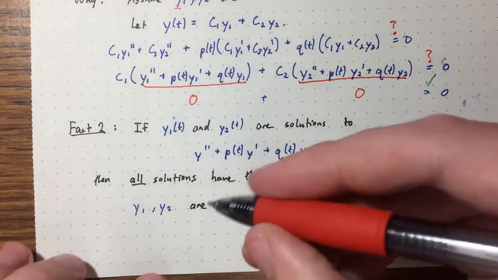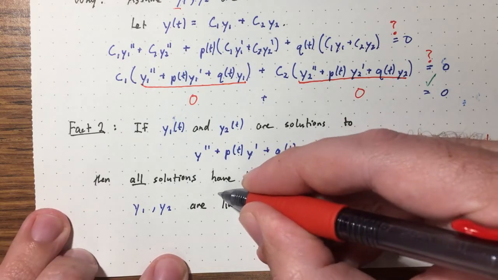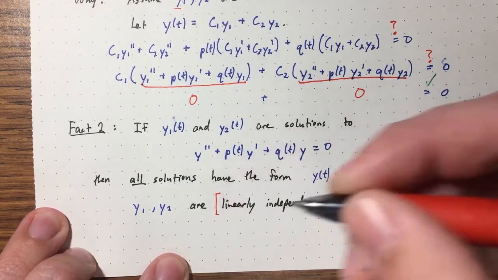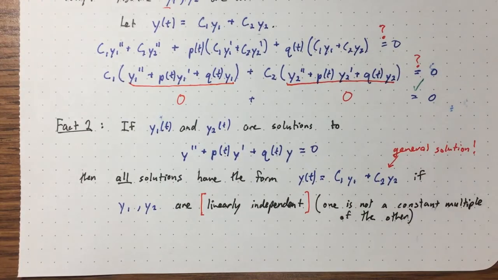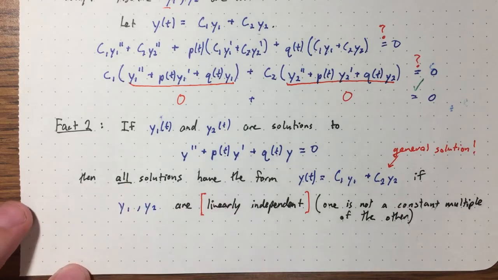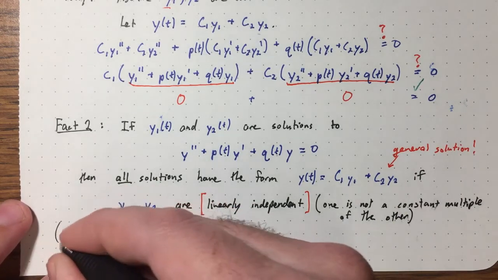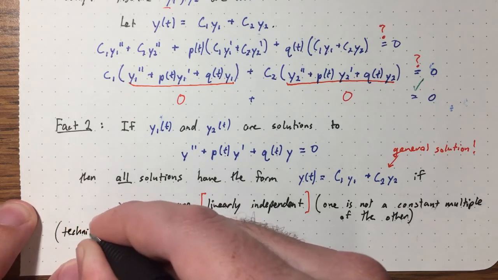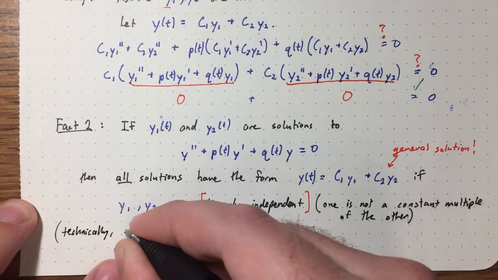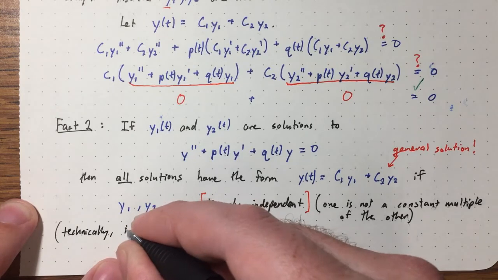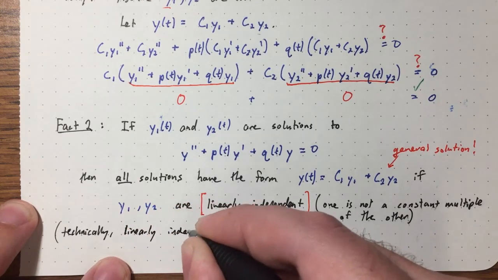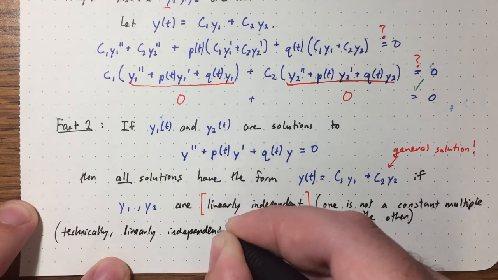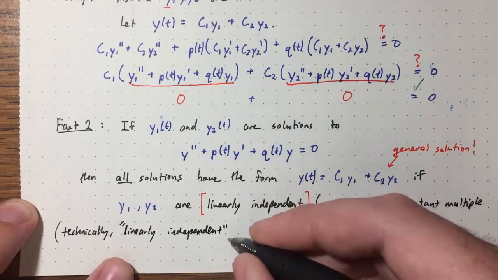Okay, so technically I'm being a little bit inaccurate about something. So it's linearly independent. Okay, so there's technically different conditions. So let me just say that. So technically, linearly independent is actually not quite enough.